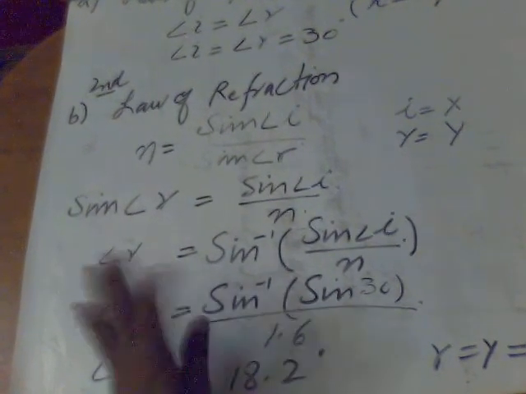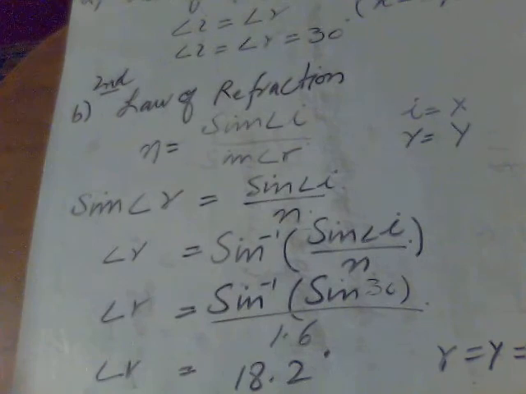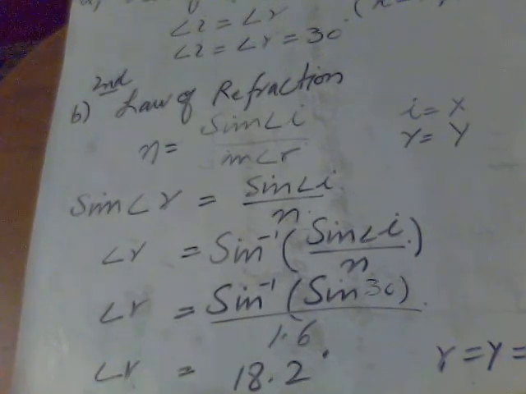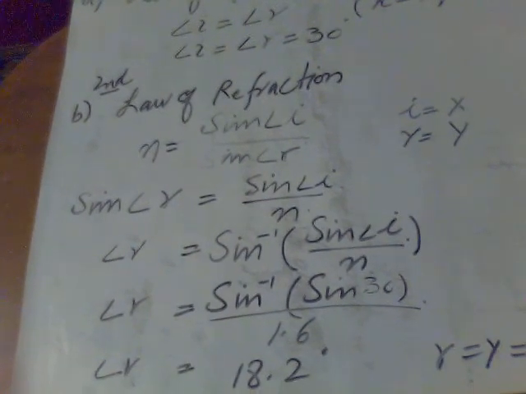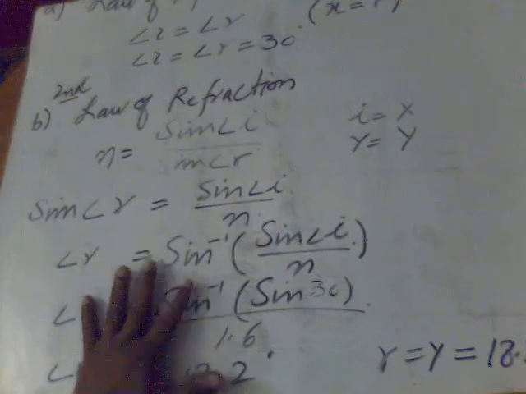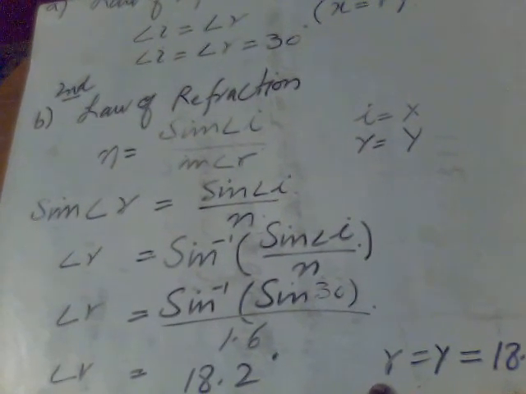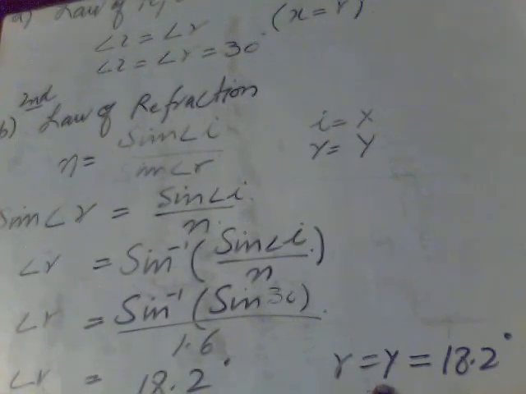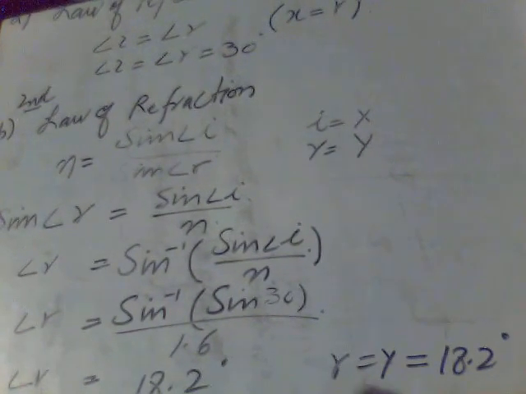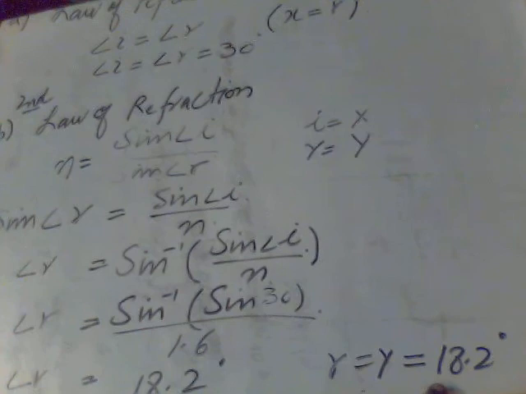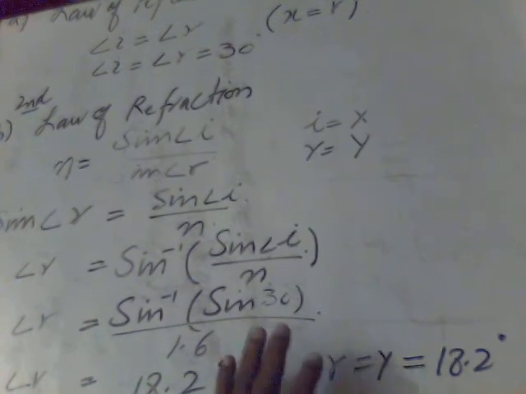By rearranging and solving, we get angle r equal to 18.2. So r, the angle of refraction, is equal to angle y. Therefore the value of angle y will be 18.2 degrees.